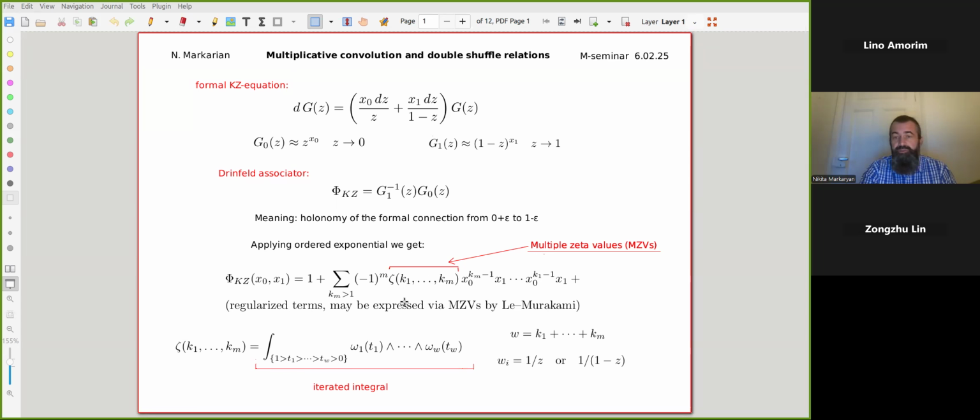It's a free algebra. And if we formally integrate, we can write these numbers as certain iterated integrals like this. There are some problems with divergence, so sometimes the integrals diverge, but there is this method of Le-Murakami, which allows us to write down all coefficients of the Drinfeld associator.